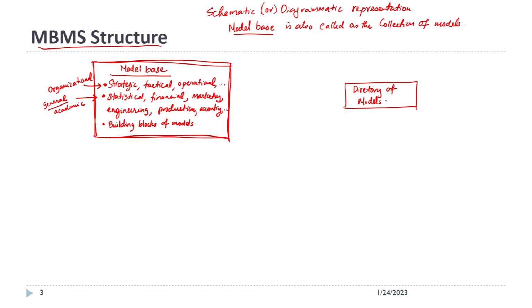Some people call it a model directory or directory of models. Basically it is a catalog of models. If you say that you want to know which are the statistical models, they will contain different regression, classification, etc. models like that. So this is a model directory.